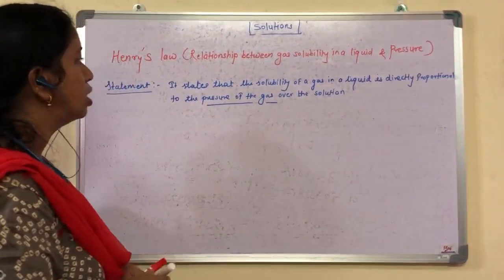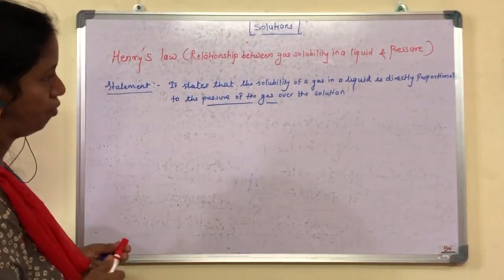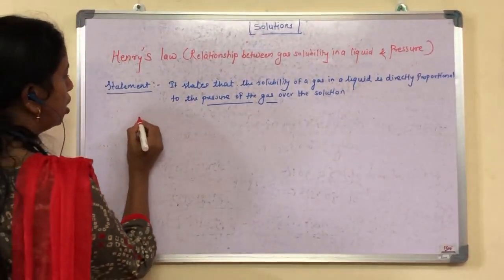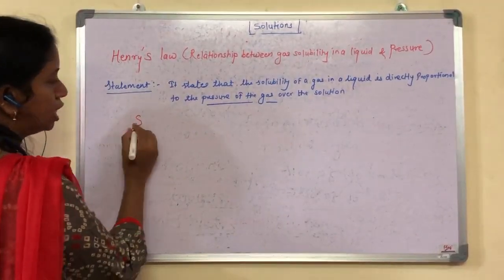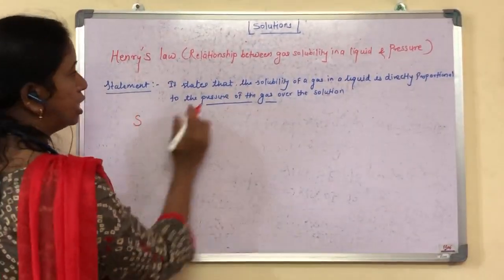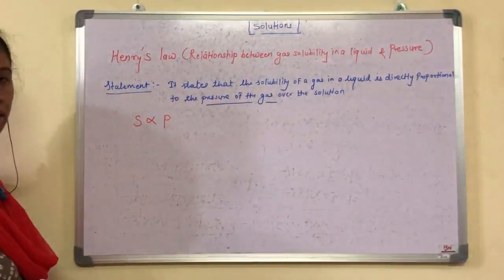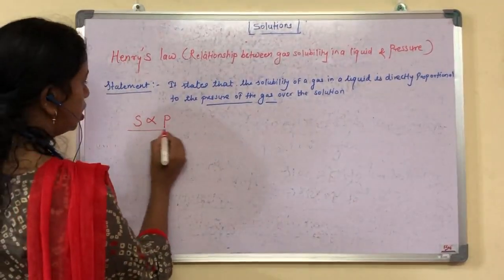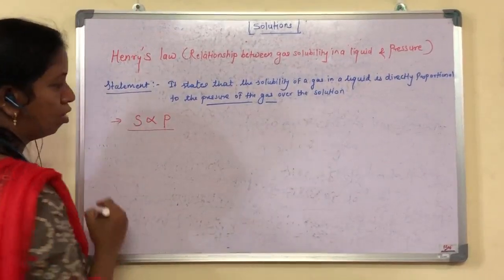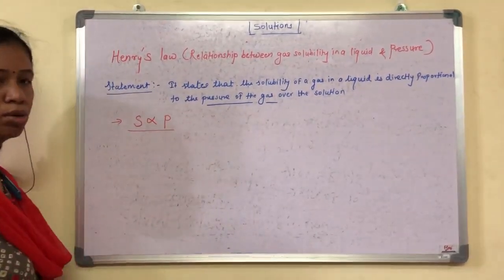So S, the solubility of a gas, is directly proportional to P, the pressure of the gas over the solution. This is Henry's law.